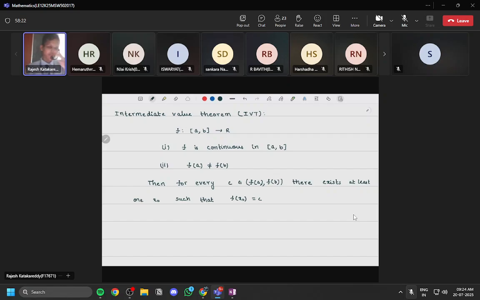It says if there is some value in between f of a and f of b, that value will be attained by the function at least once.